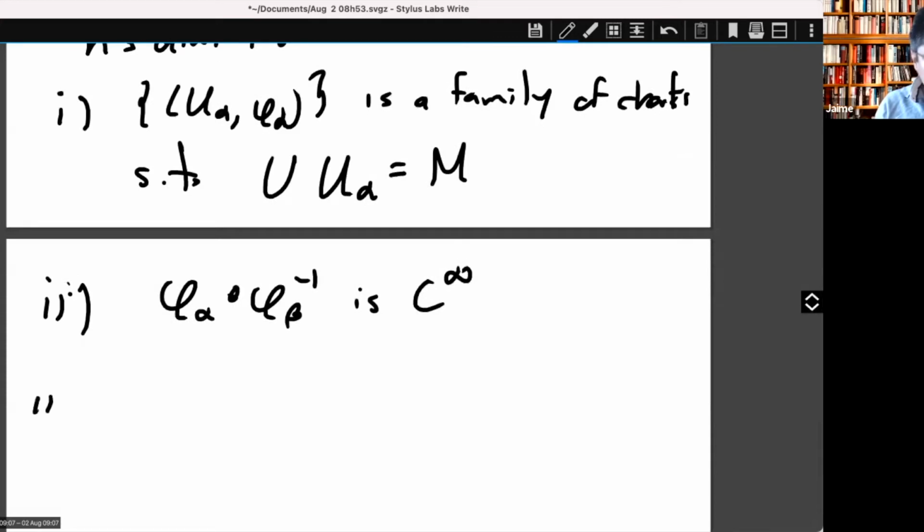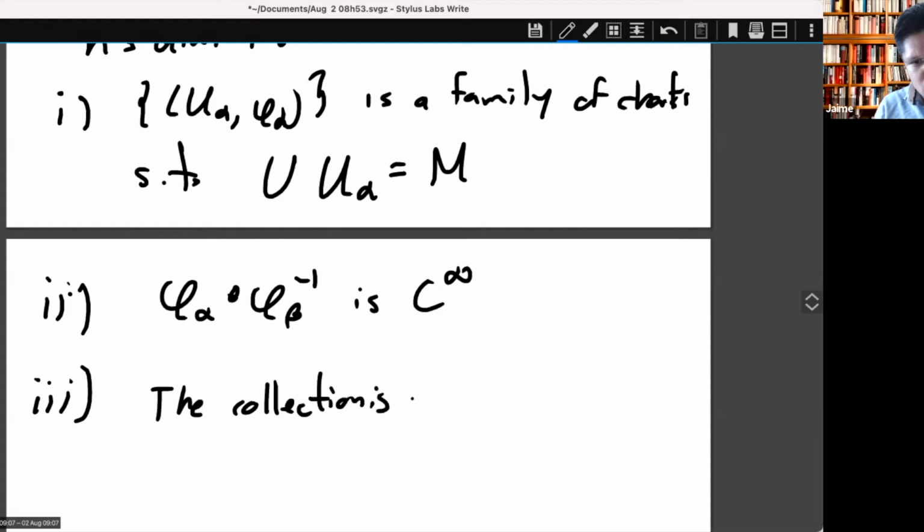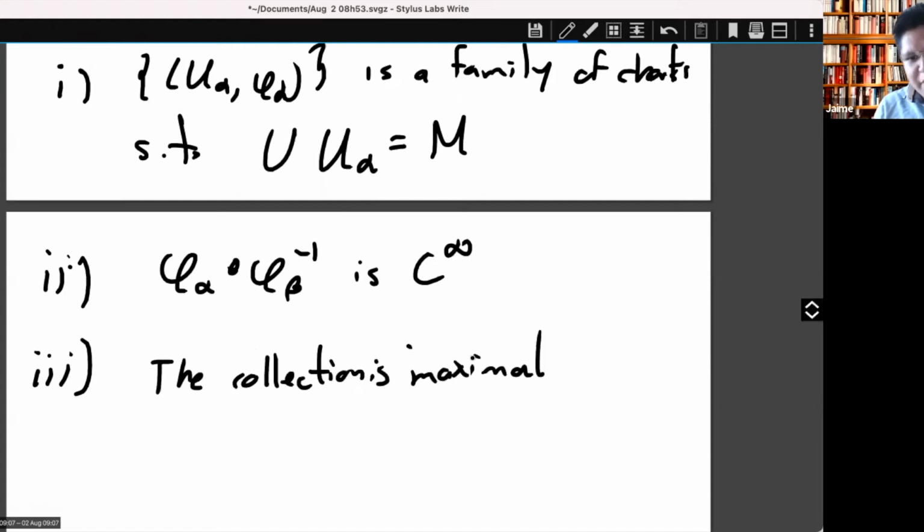And sometimes this is part of the definition, but you can always show that the collection is maximal. What do we mean by maximal?